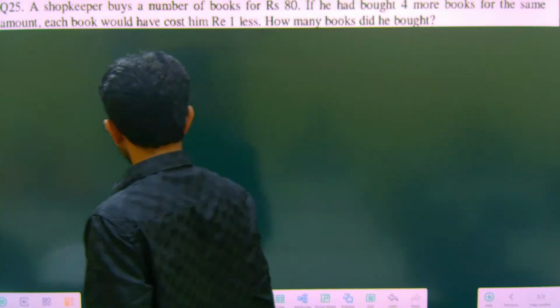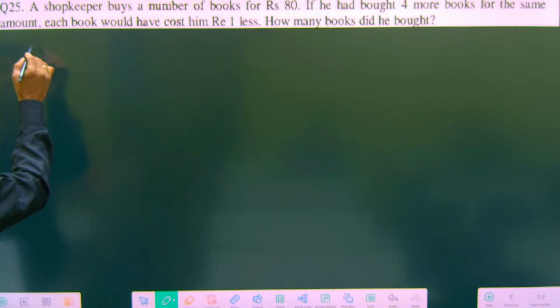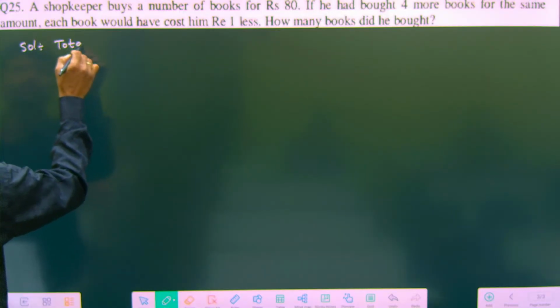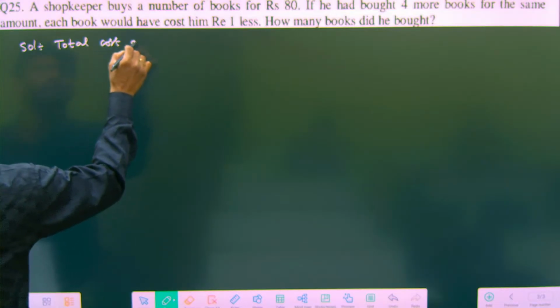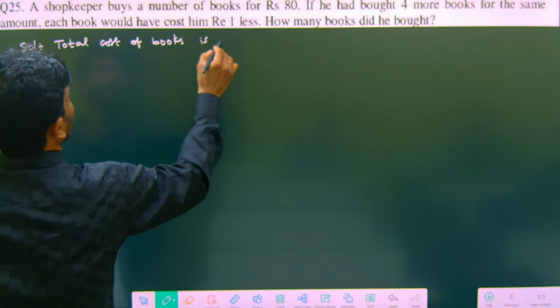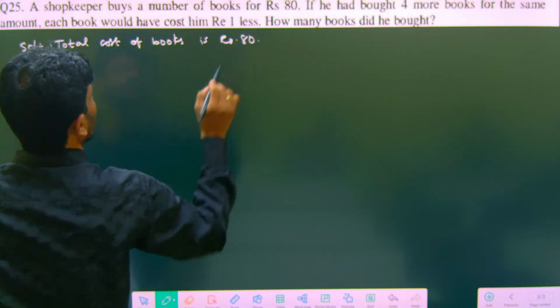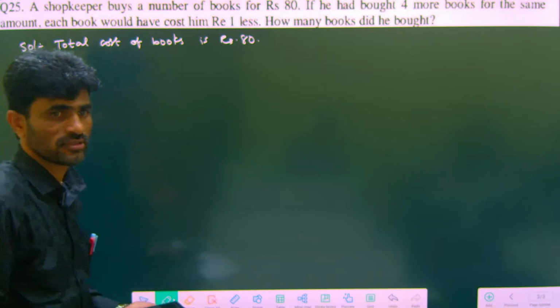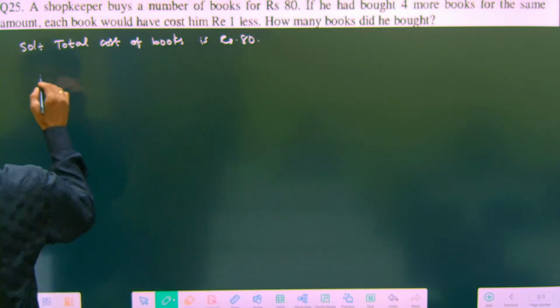In this question, what is given? Total cost is given. Total cost of books is rupees 80. There are two things: one is the number of books, and another is the cost of each book.